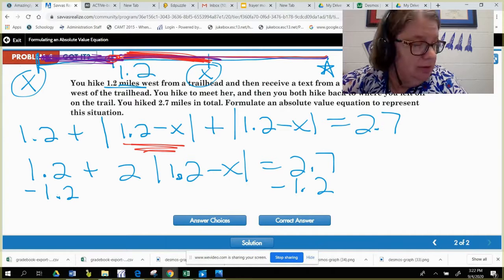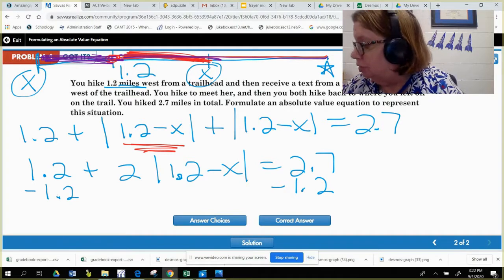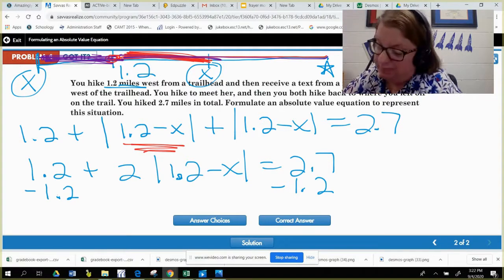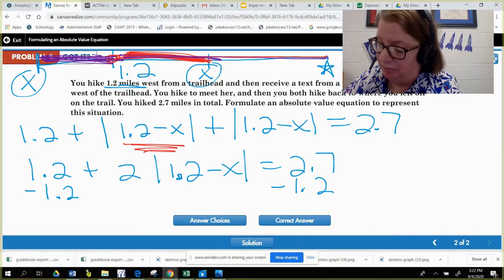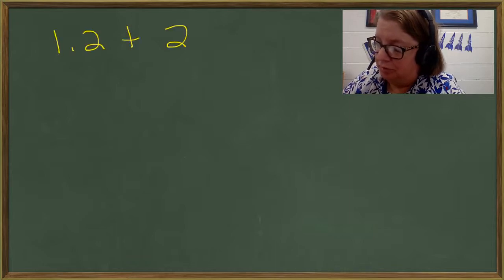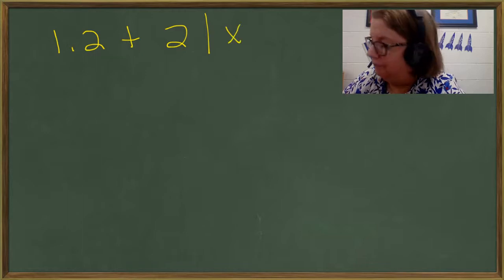Let me write this down and we'll get it on a bigger screen so it's not so bunched up. 1.2 plus 2 times the absolute value of 1.2 minus x equals 2.7. Okay, here is the equation that we wrote: 1.2 plus, to the friend and back.